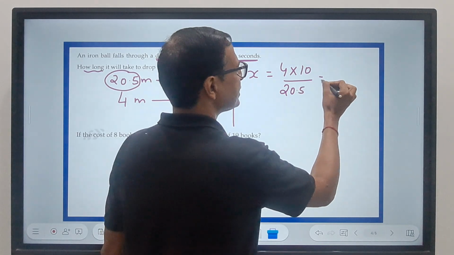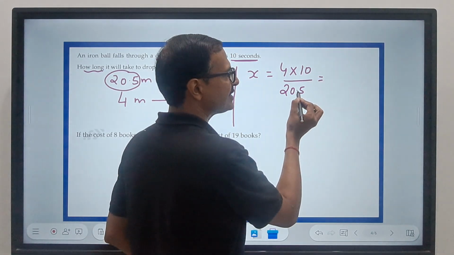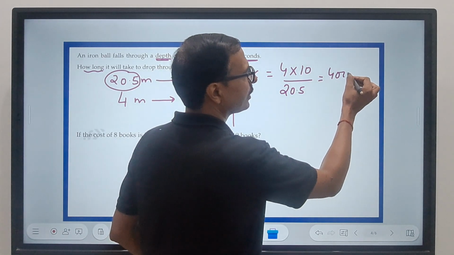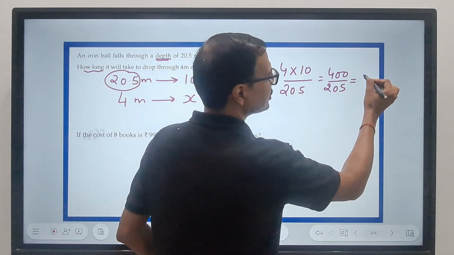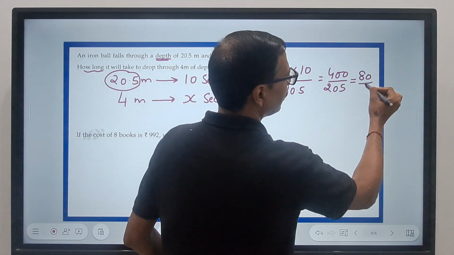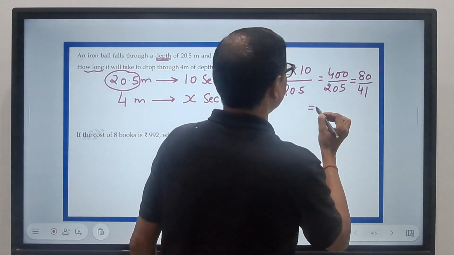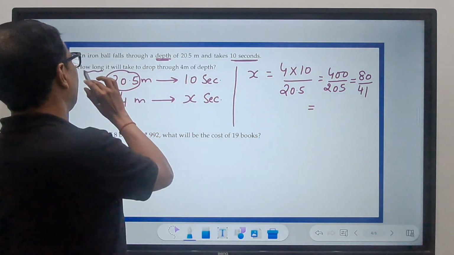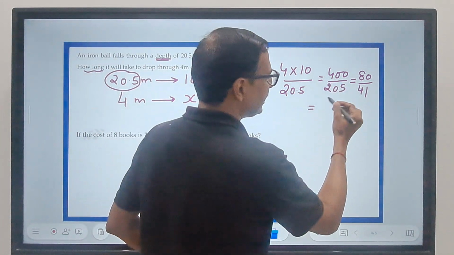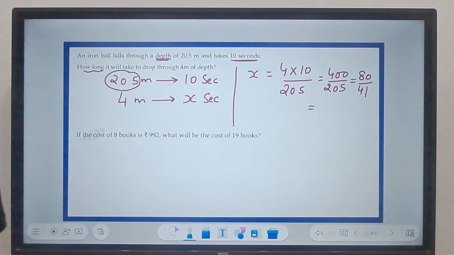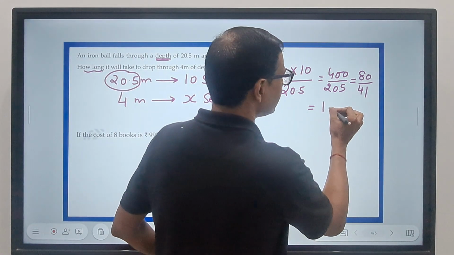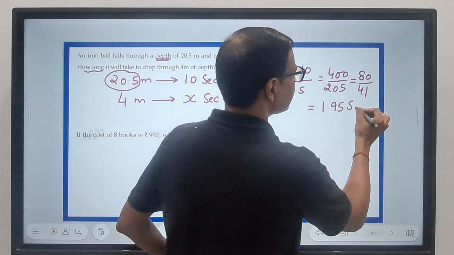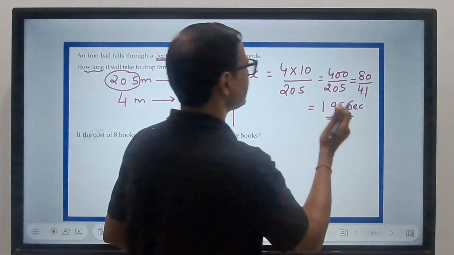So this is 40 and we have a decimal place here. So let's make it 400 and remove the decimal, 205, which converts to 80 upon 41. So this will be the time. 80 upon 41 when divided will give you approximately 1.95 seconds, and that is the answer for this particular question.